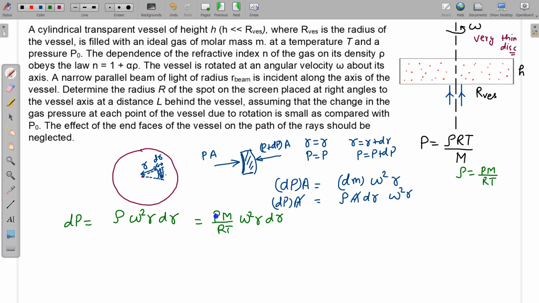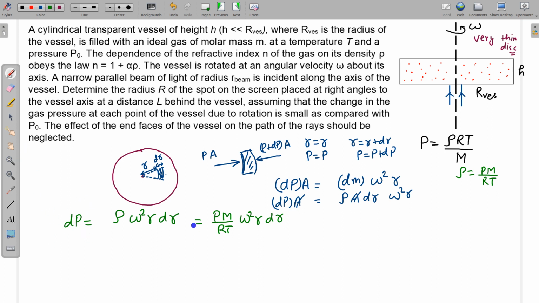I can take this P equal to P naught and integrate on both sides. This integration will give me the change in pressure, from 0 to r. Or we can also take P in the denominator. So I am doing the calculation both ways.